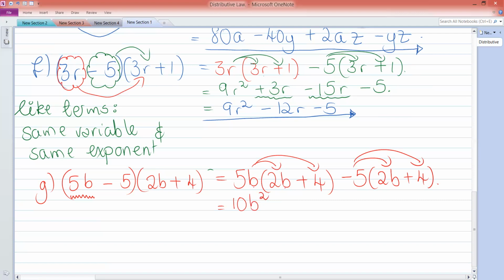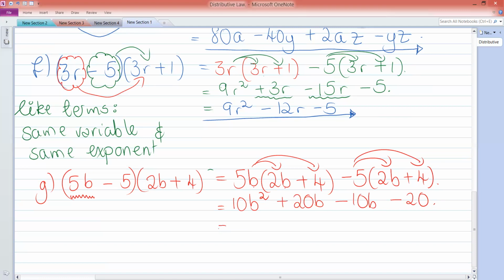Then 5b times 4, that is 20b. Then we have minus 5 times 2b, that is 10b. Then negative 5 times 4. A negative and a positive, we're going to get a negative. 5 times 4, and that is 20.